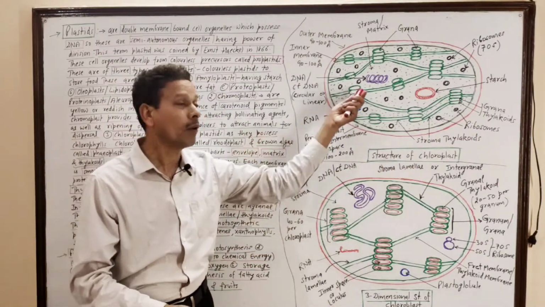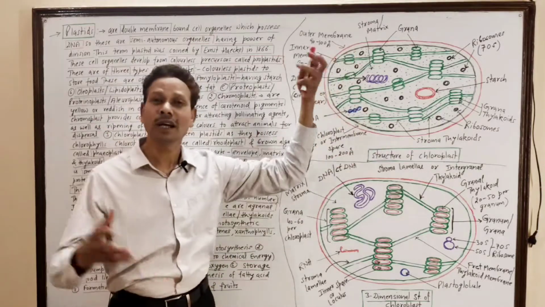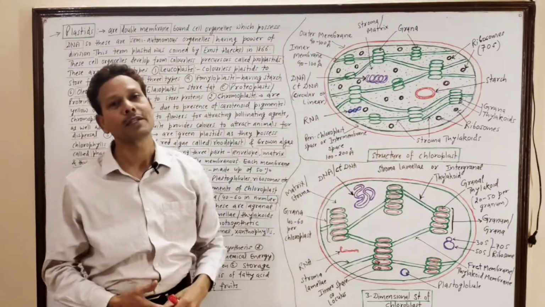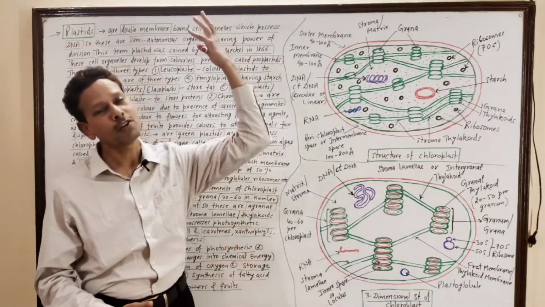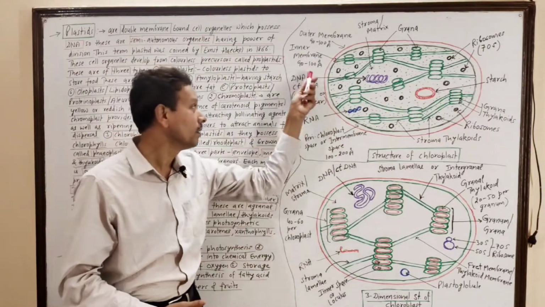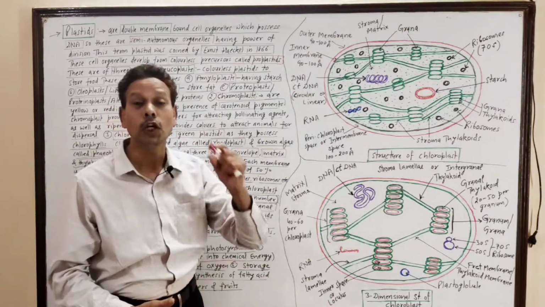These organelles also show some similarities. Mitochondria, again double membranous structures. These plastids, chloroplasts, double membranous structures. Here DNA is there. In mitochondria, DNA is there. And in plastids, the DNA is ctDNA, chloroplast DNA.